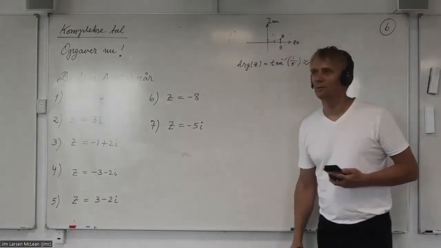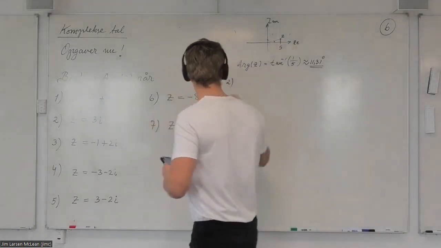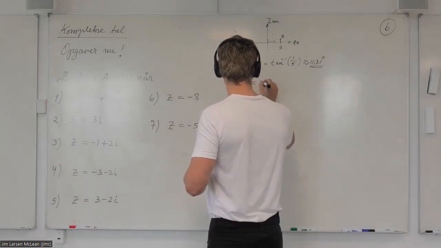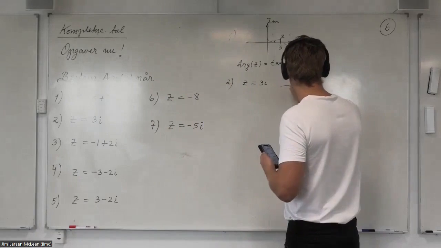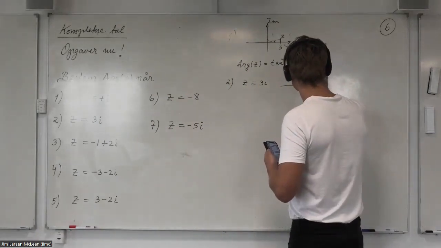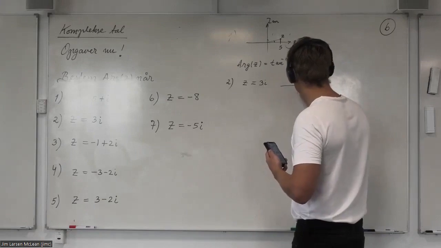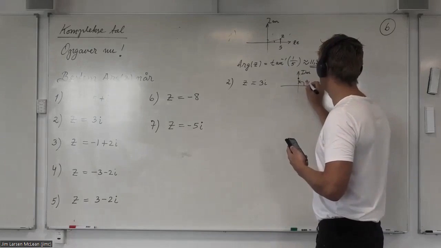Task 2. Z equals 3i. It's so easy that it's difficult. If I draw it, there it is, 3 units up. You mark the axis 1, 2, 3. So it's laid out right there, and then we can see what the angle is. It's 90 degrees.